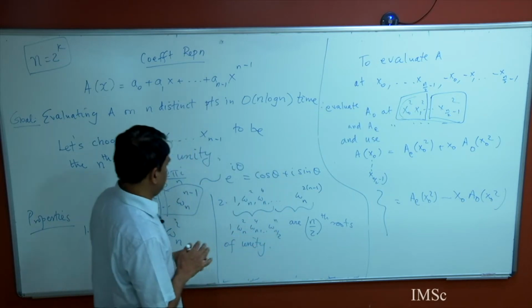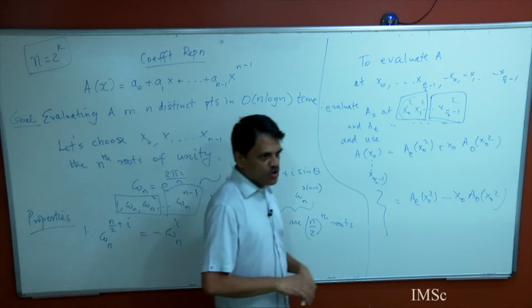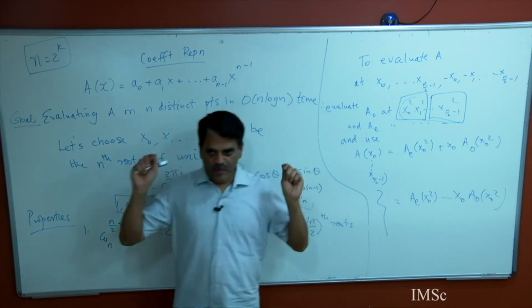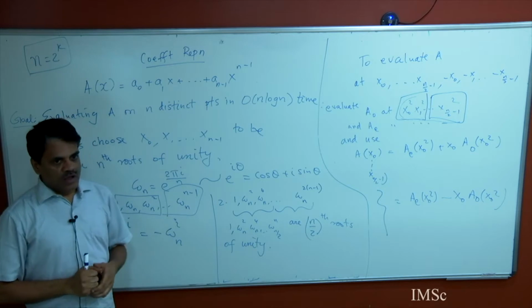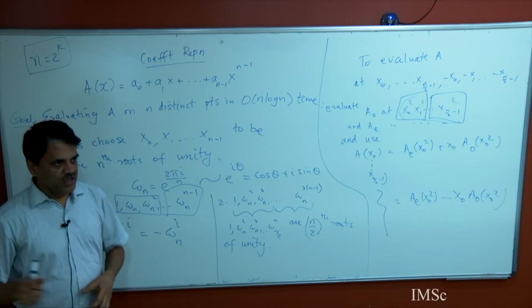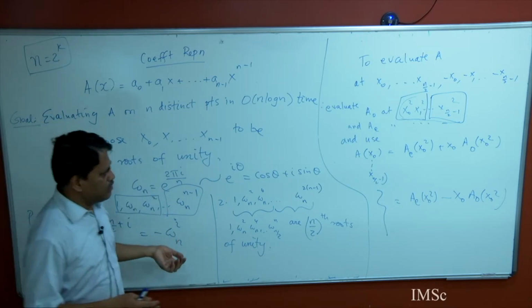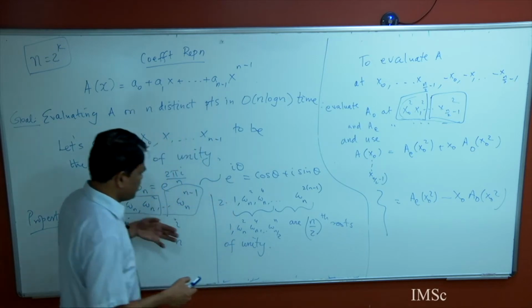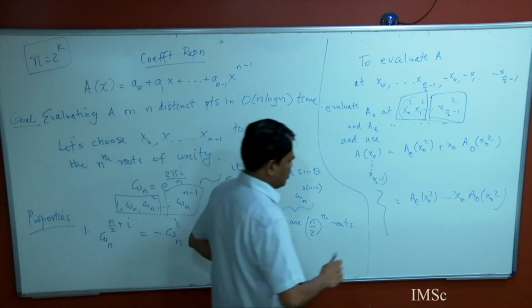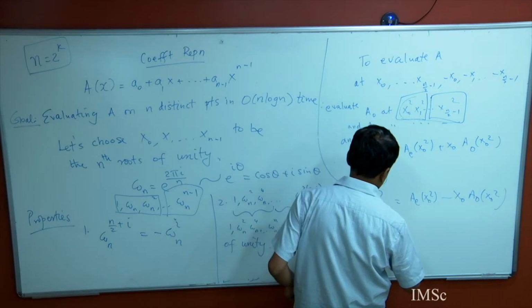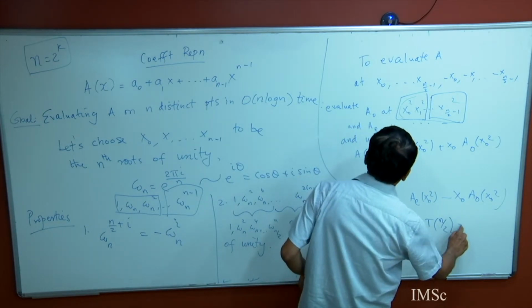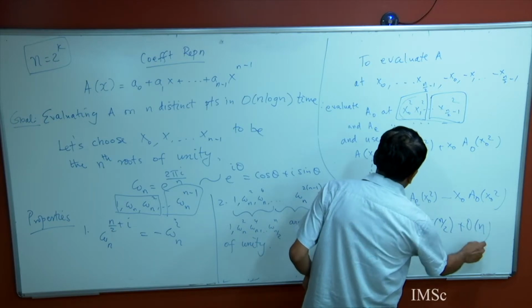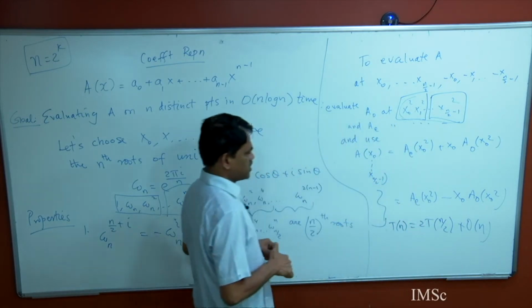Now it is 2T(n by 2) plus order n, because I am evaluating my nth degree polynomial at n complex nth roots of unity. So when I break it up, because of these nice properties, it has the exact recursive substructure.